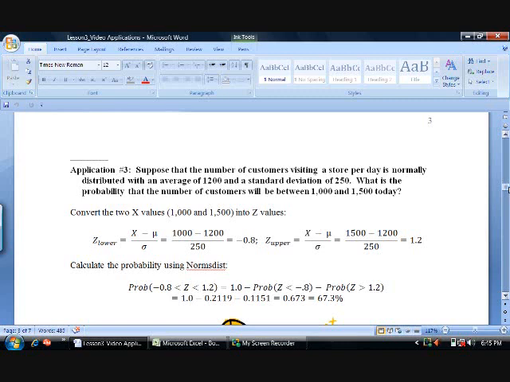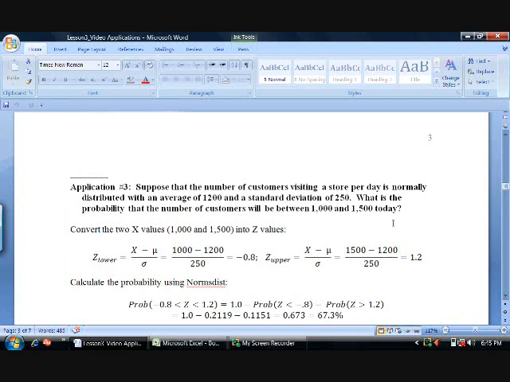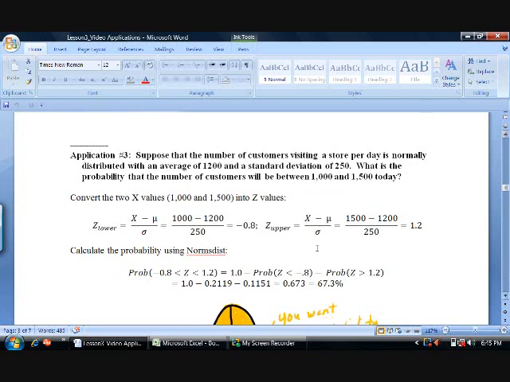Alright, I have two values now. Since I have two x values, 1,000 and 1,500, I need two z values. So, converting to a lower z, using the x value of 1,000, I end up with a z value of minus 0.8.